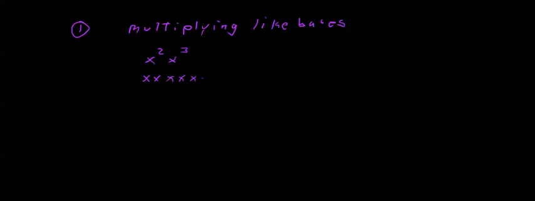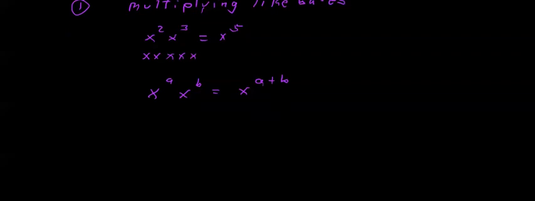Altogether, I have 5, x to the 5th. How do I get that? Adding the exponents. x to the a times x to the b equals x to the a plus b.